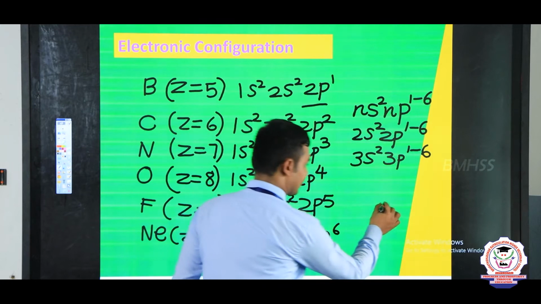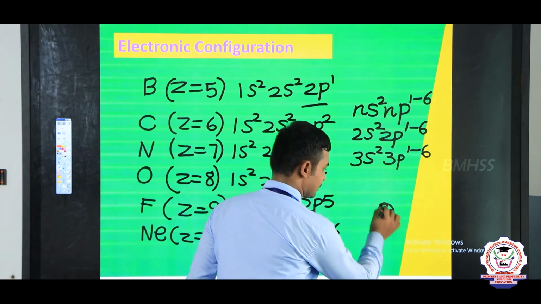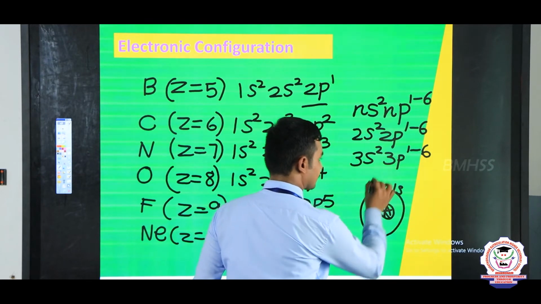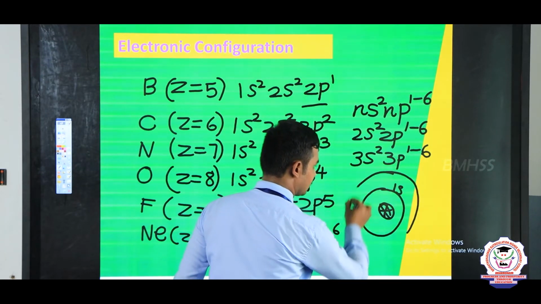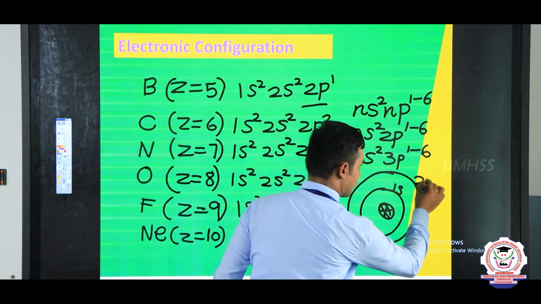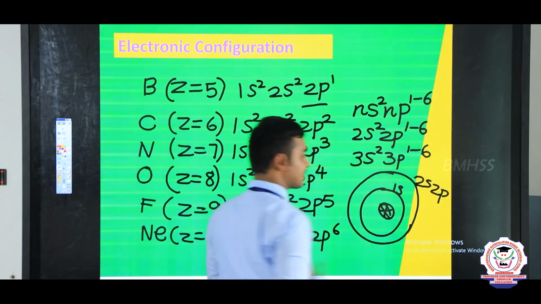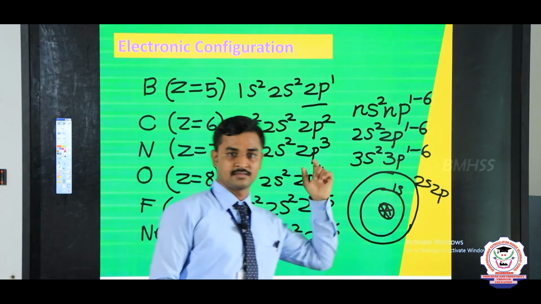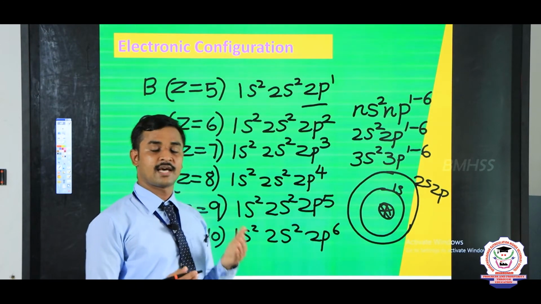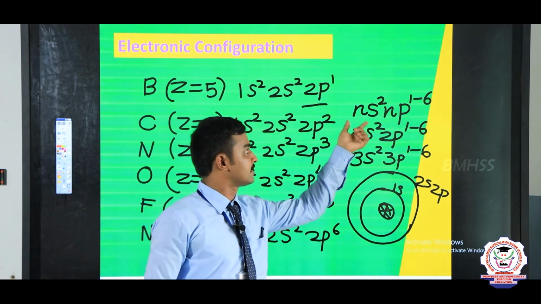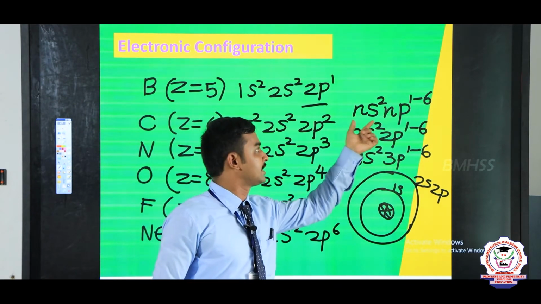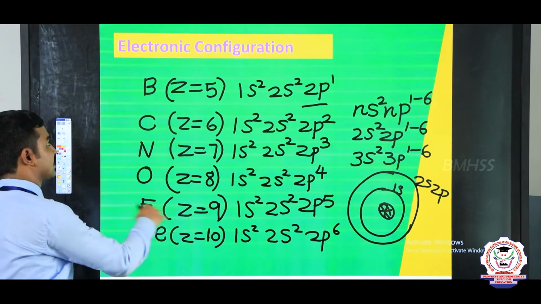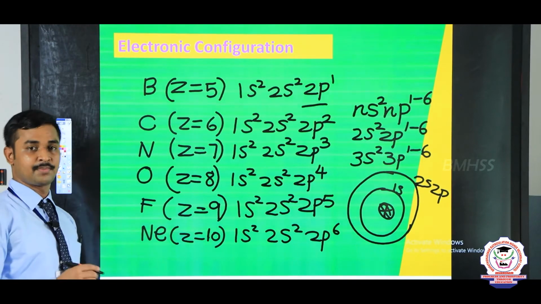If you consider one atom, it contains a nucleus. The first orbit contains 1s, and the second orbit contains 2s and 2p. Likewise, the third orbit may contain 3s, 3p and 3d. So, for writing the correct electronic configuration, take the general electronic configuration ns2 np1 to 6. Note this point. This is the first characteristic: the electronic configuration of p block elements.